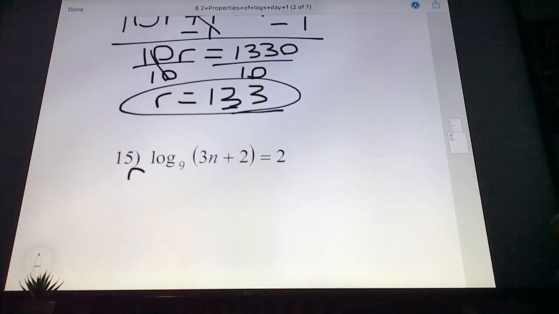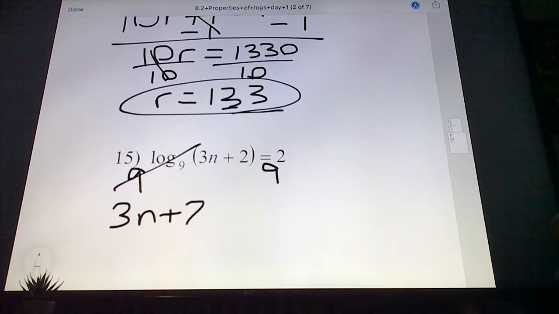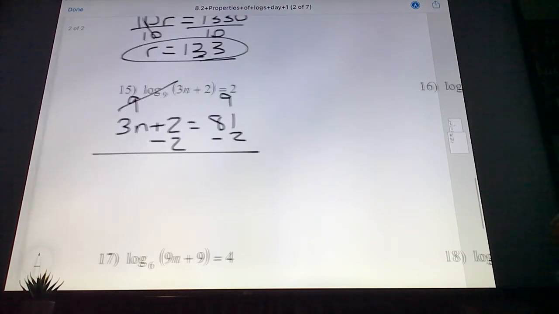Okay, 15, we're going to raise both sides to the 9. So I got 3n plus 2. Okay, 9 squared is going to be 81. Then we're going to subtract 2 from both sides.